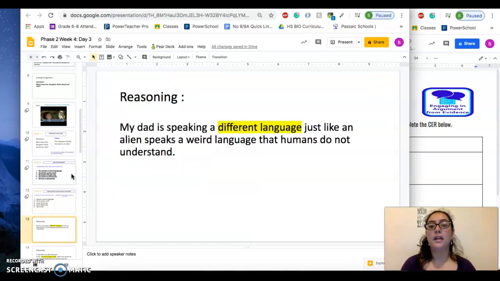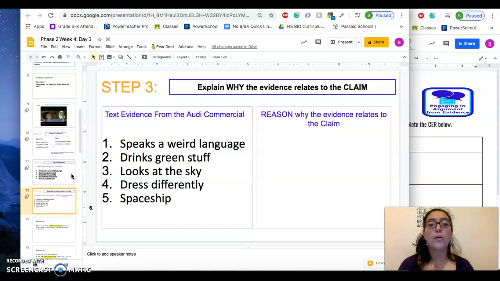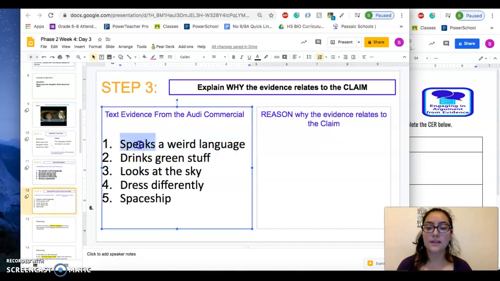Okay. So I wrote the reasoning in different ways. The first piece of evidence I want to talk about is speaking a weird language. Why does speaking a weird language relate to an alien?